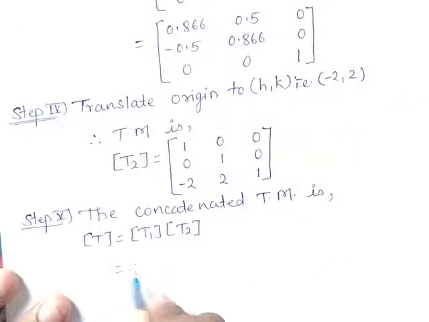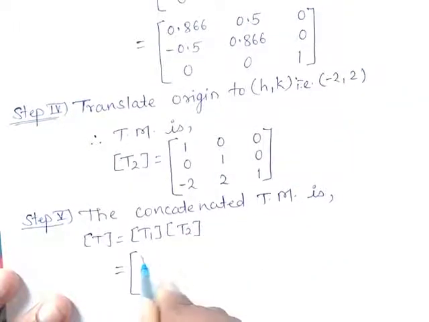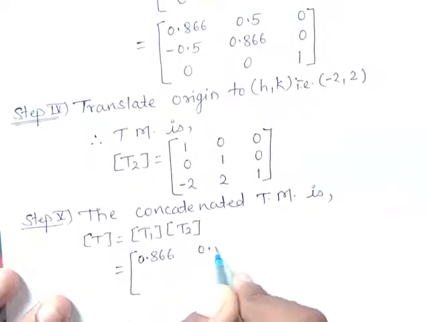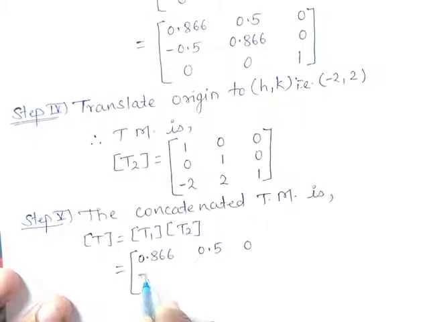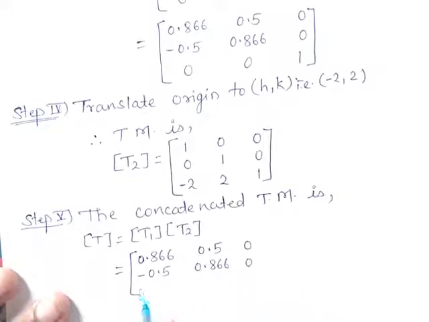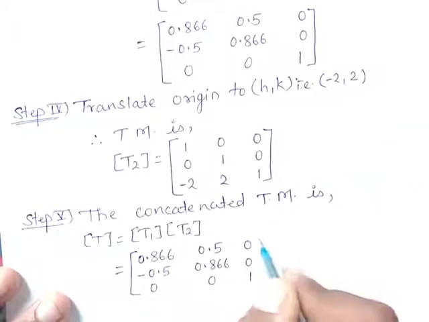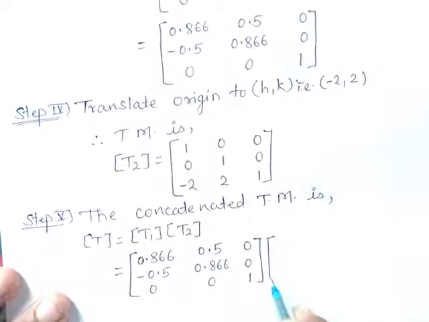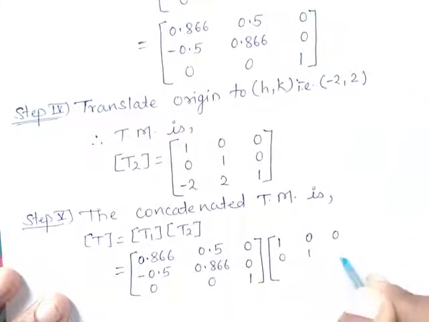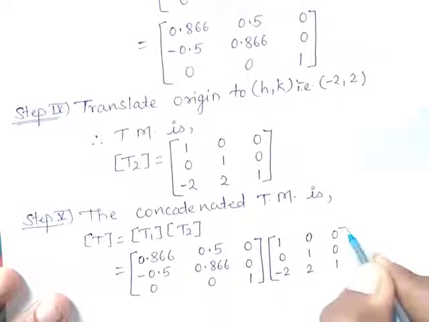T1 is 0.866, 0.50, 0, minus 0.5, 0.866, 0, 0, 0, 1, into T2, which is 1, 0, 0, 0, 1, 0, minus 2, 2, 1.